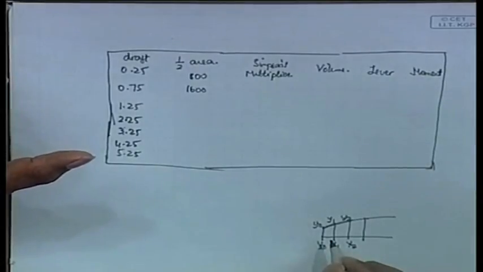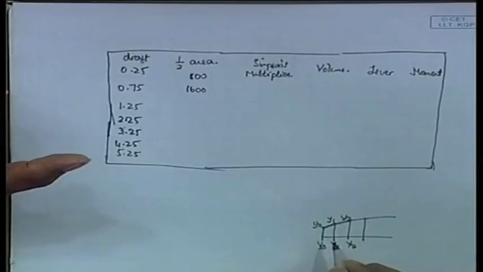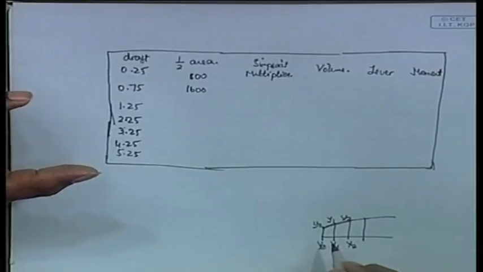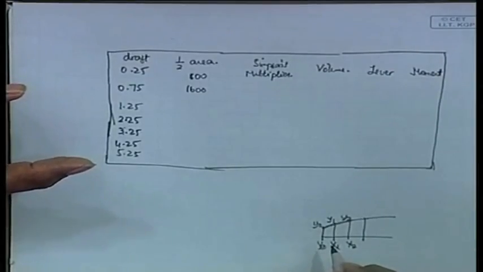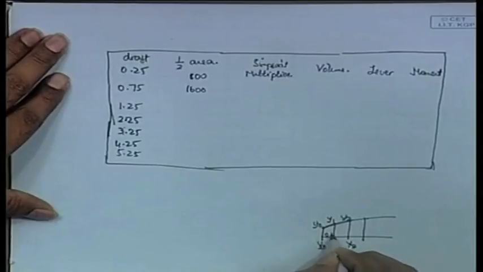So between 0.25 and 0.75, the distance is 0.5h, right? If the distance between stations 0 and 1 is h, the distance between 0.25 and 0.75 is 0.5h.